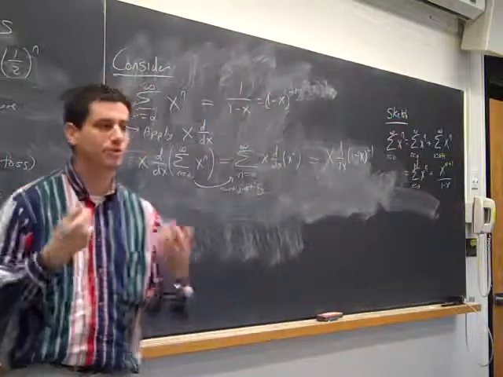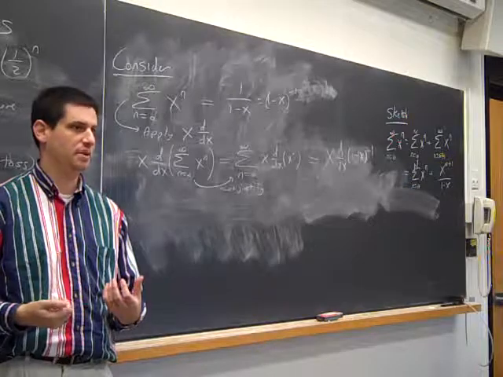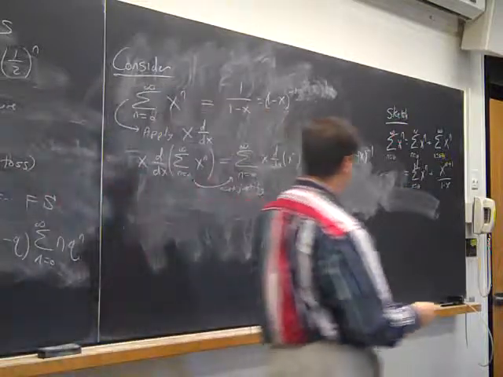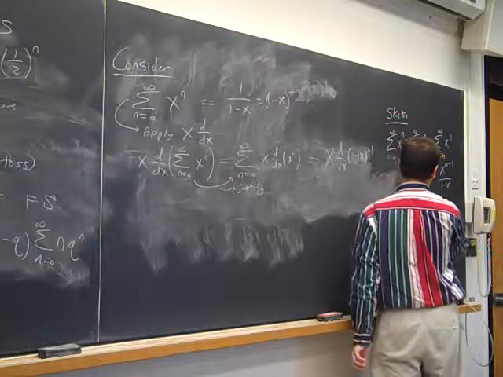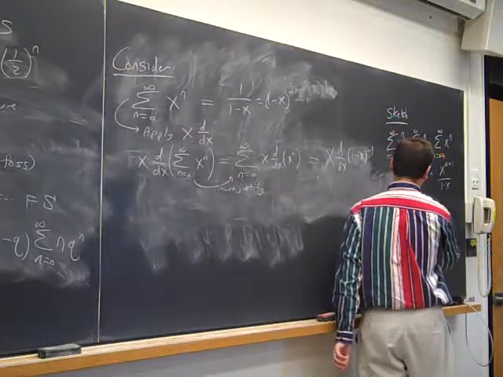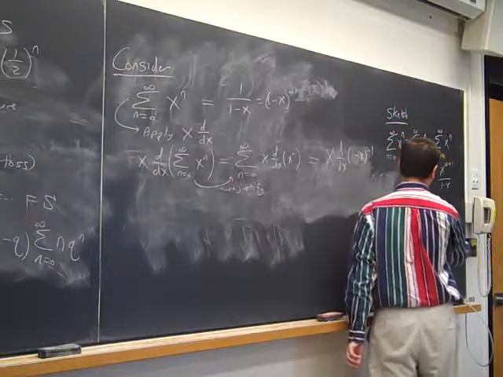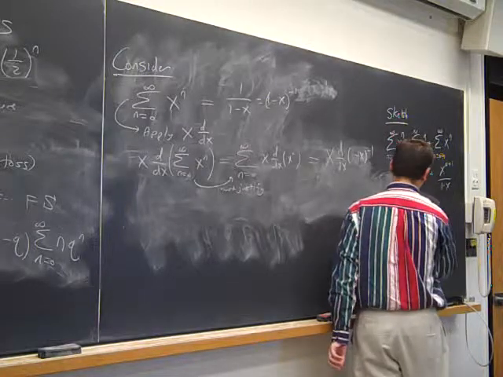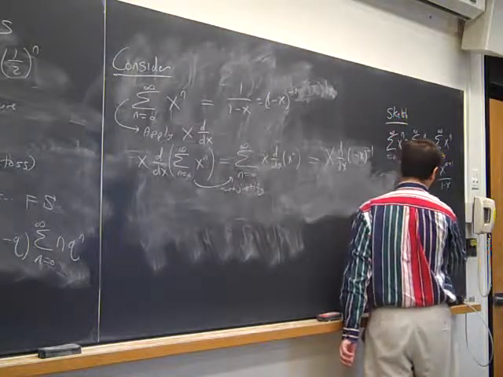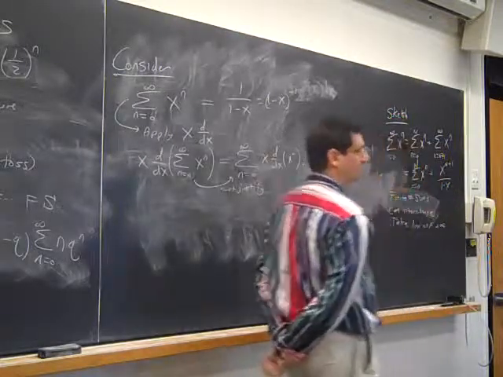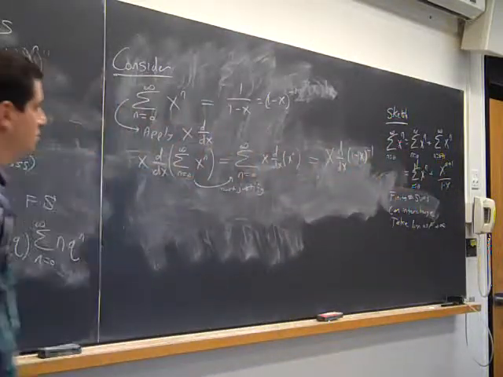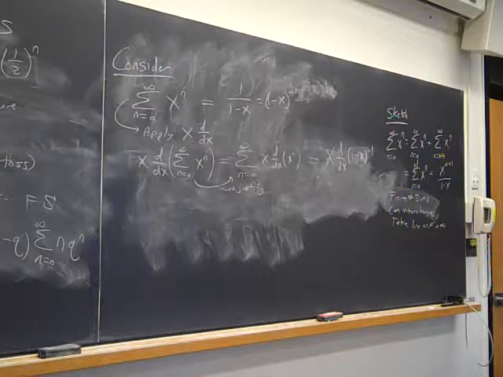We can interchange a derivative with finitely many sums, and then you take the limit as N tends to infinity. Okay. So it can be justified that the derivative of the sum is the sum of the derivatives.